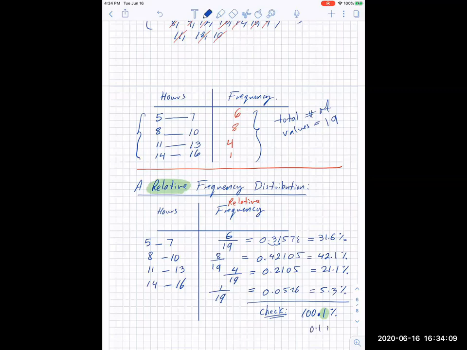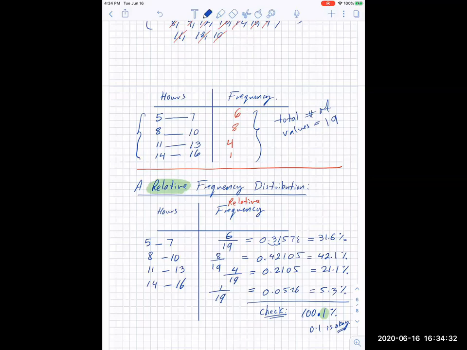But be careful. If you get 103%, 104%, 94%, this is wrong. You're way off from the 100, so something is incorrect about your percentages.